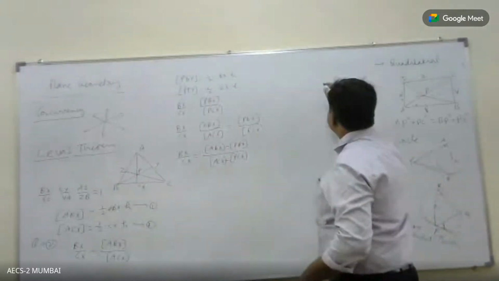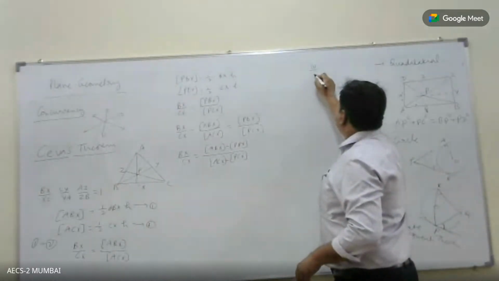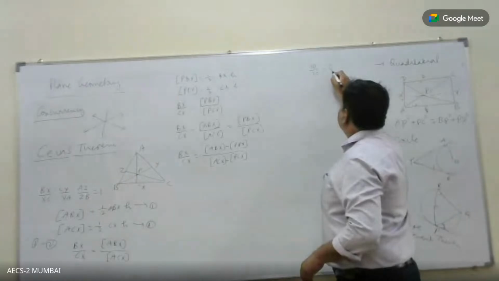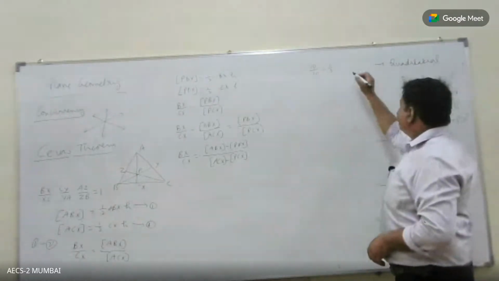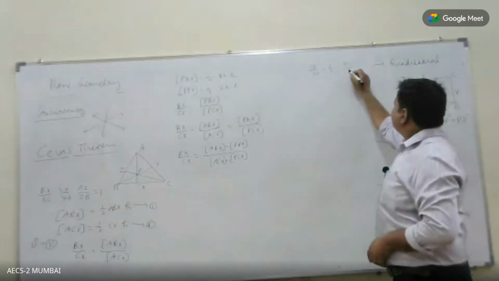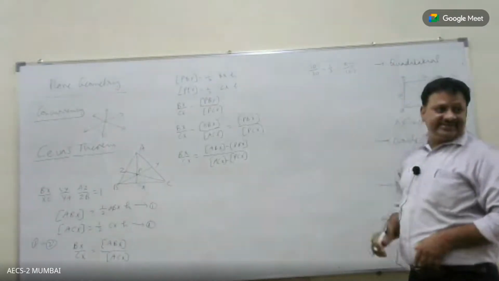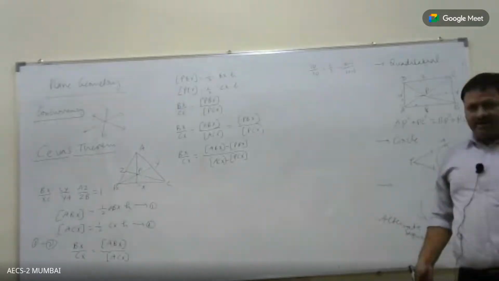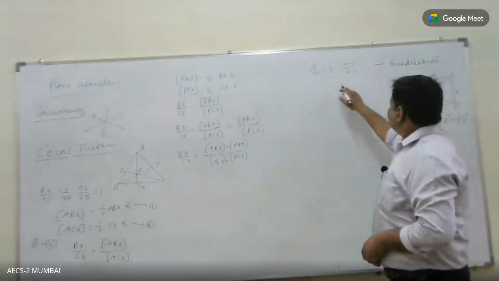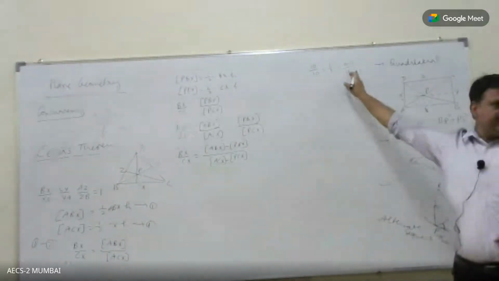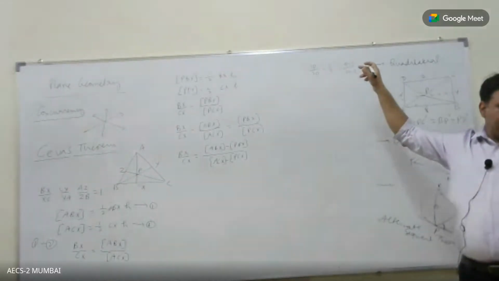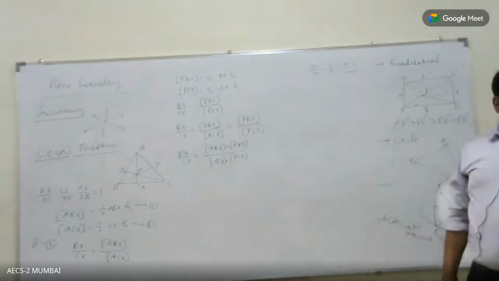Suppose you have, let us say, 10 by 30 equal to 1 by 3. Right? This can be the same as 10 minus 1 by 30 minus 3. You can check that the ratio holds. Okay, I'm using it.